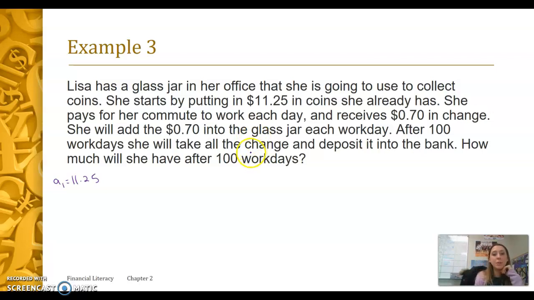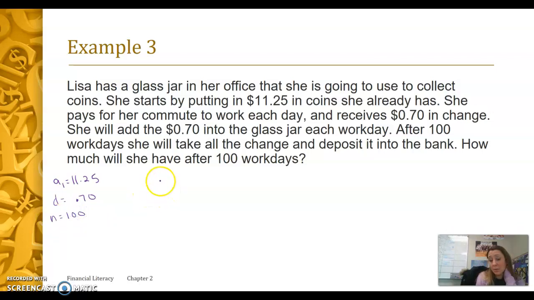She pays for her commute to work every day and receives 70 cents in change. And so she's going to add 70 cents to the jar each workday. So now we know that our common difference, what we're adding, is 0.7, 70 cents. And then after 100 workdays, she will take all the change and deposit it in the bank. So we want to figure out how much she's going to have. So our n is equal to 100.